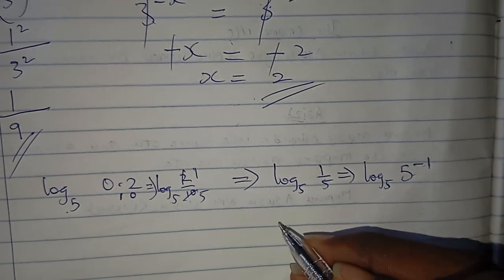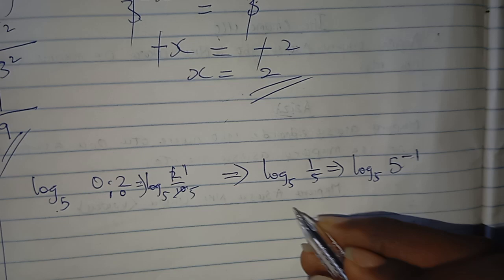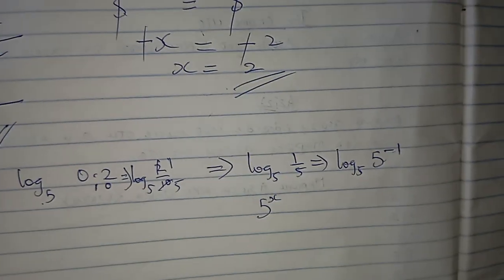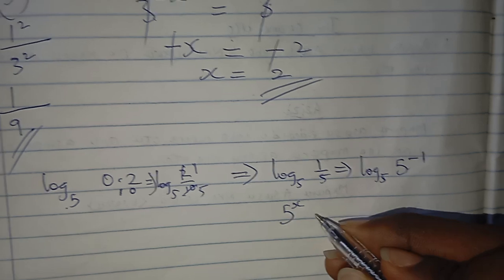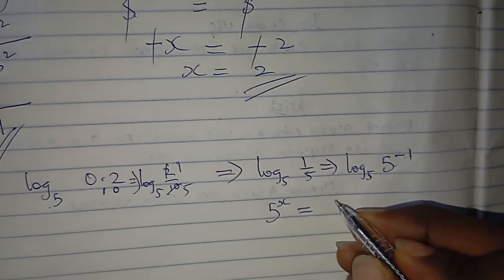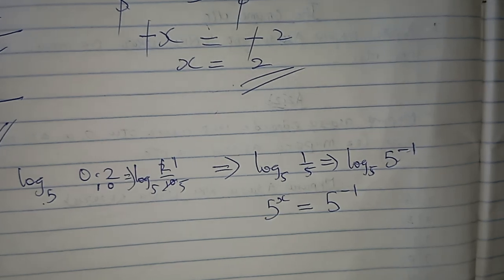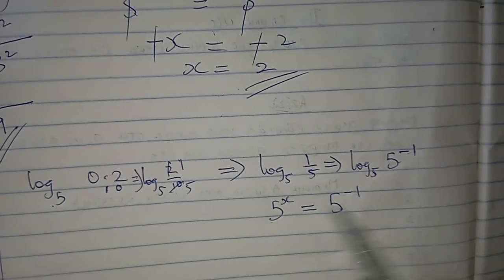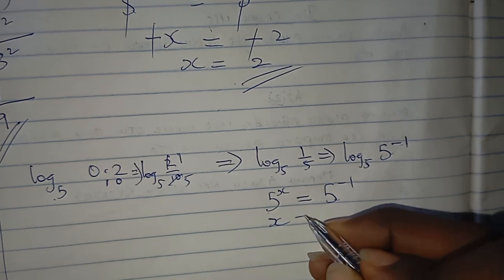And that is where we say, once you are thinking of what do you add to the base, simply bring out the base, raise it to power x. Anytime you don't know anything in mathematics, you call it x or y or any variable. So equals to what you want to find, 5 raised to power minus 1. Now notice that for the fact that these bases are the same, the powers should be equal.